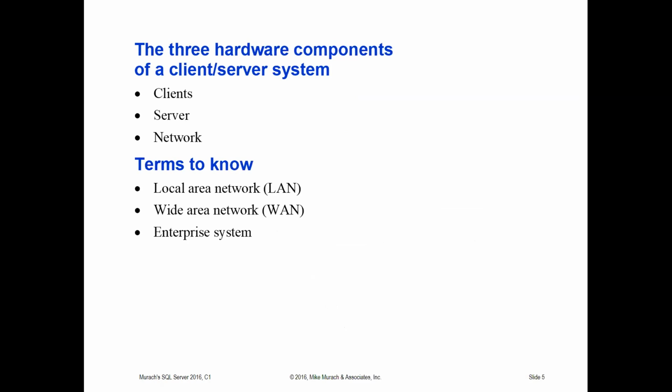So we have three components: the clients, the servers, and the network. So make sure you're familiar with these terms, which I know you are: LAN, WAN, and enterprise system. What is an enterprise system? What do they mean by that? What's an enterprise?